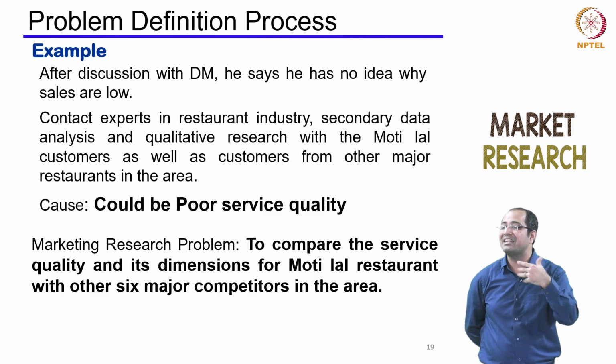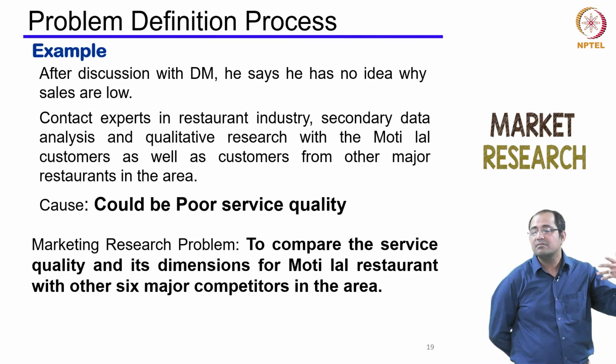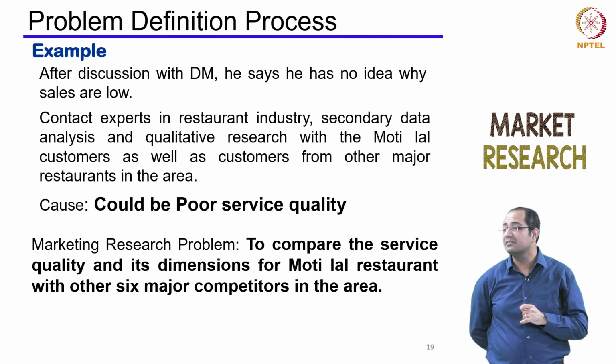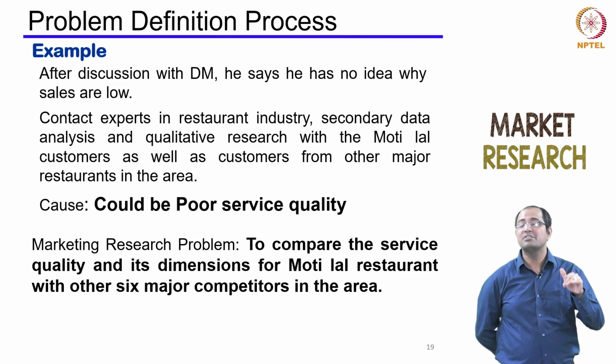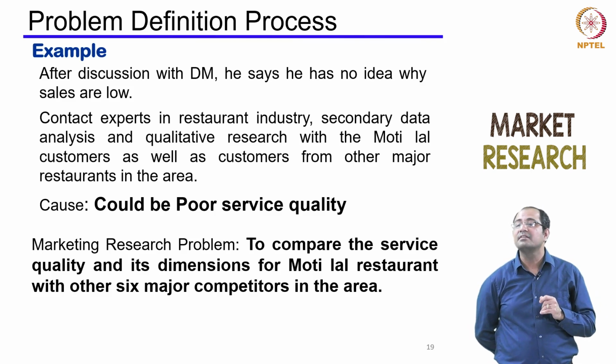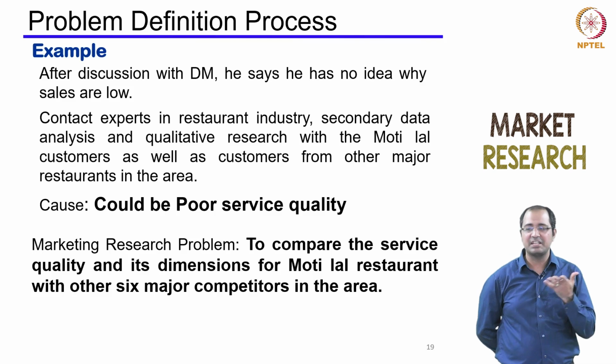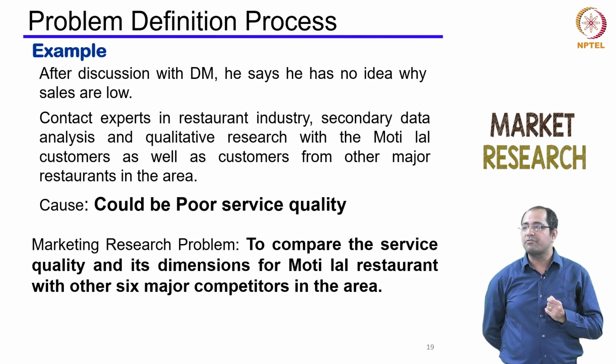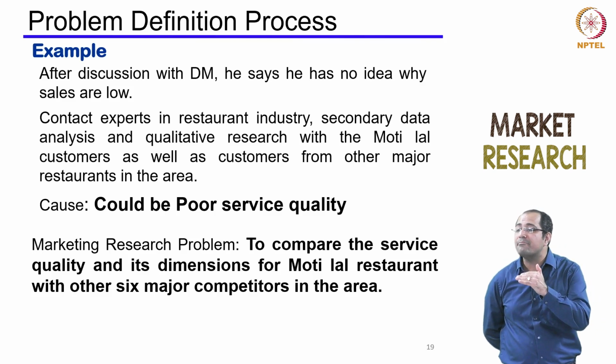So there are many things in service quality. The ambience, but ambience would not come in service quality. Staff friendliness, sorry. Poor food quality will not come in service quality. Okay, but service quality could have many constituents.